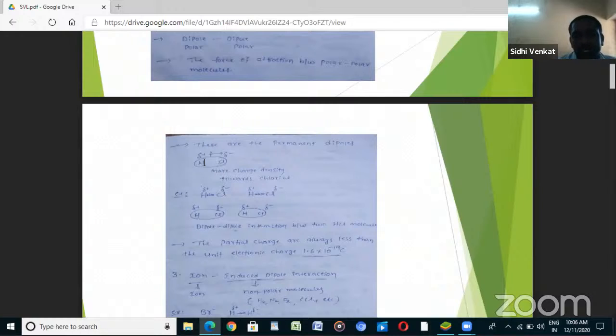Which side is negative? Cl is the negative charge, where H is the positive charge. There is more charge density toward the chlorine side, that means the negative electron side. The electron density is moving here. Look at these polar molecules, HCl and HCl.